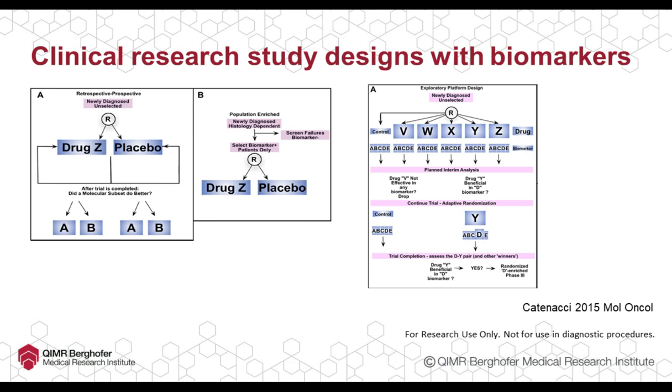One does a clinical research trial with a drug and a placebo, and afterwards one does a clinical proteomics analysis of the collected samples, and comes to the analysis where we can say patients with a particular set of biomarkers are responsive to this drug, whereas a different profile of biomarkers are not responsive to this drug.